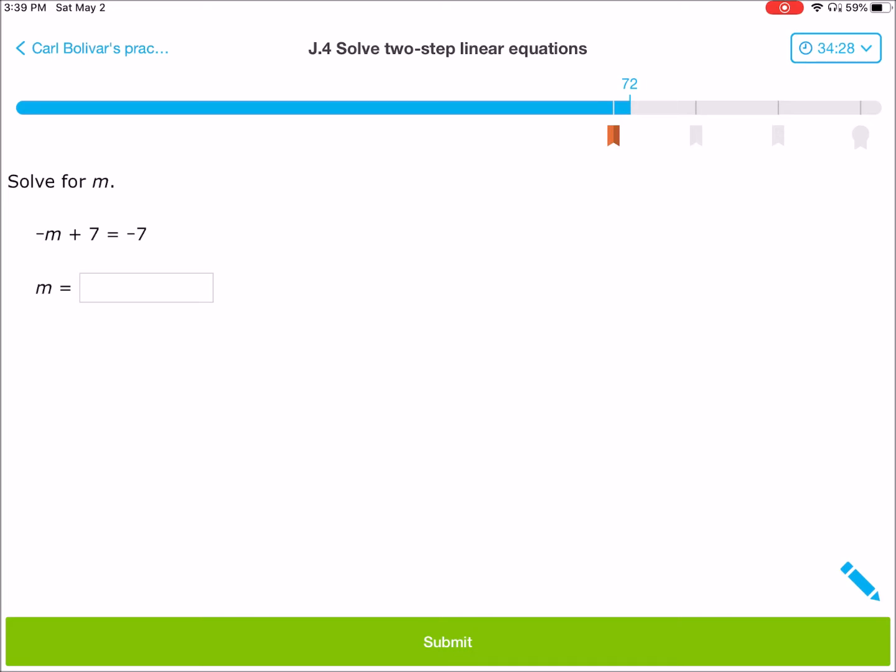So we have the next one here. This one's pretty easy, I guess. So let's first write it out. Negative m plus 7 is equal to negative 7. Alright, so right here we have to move this 7 to the other side.